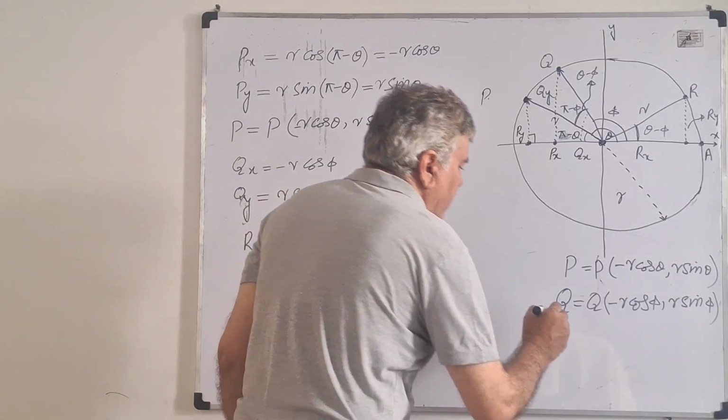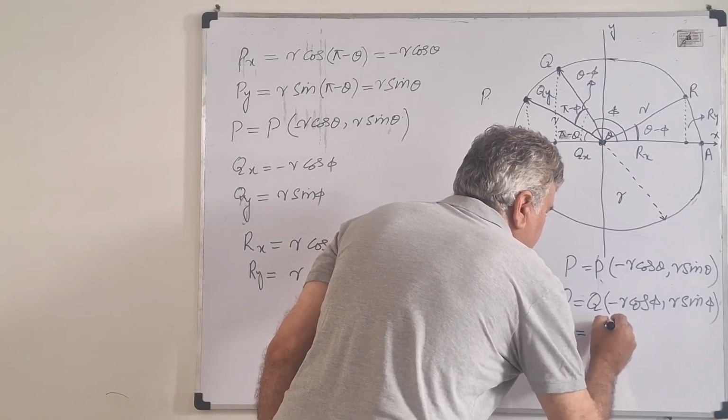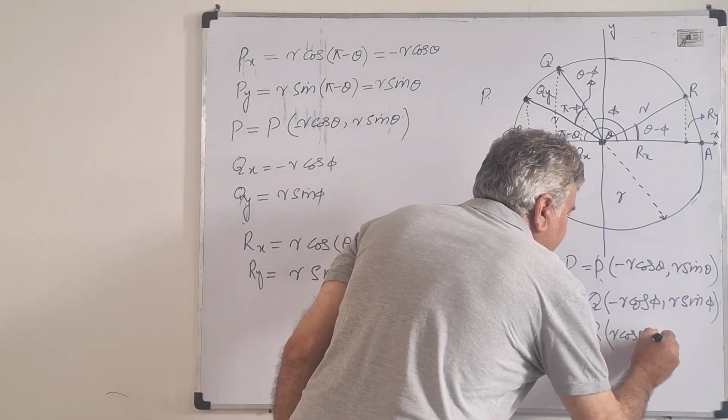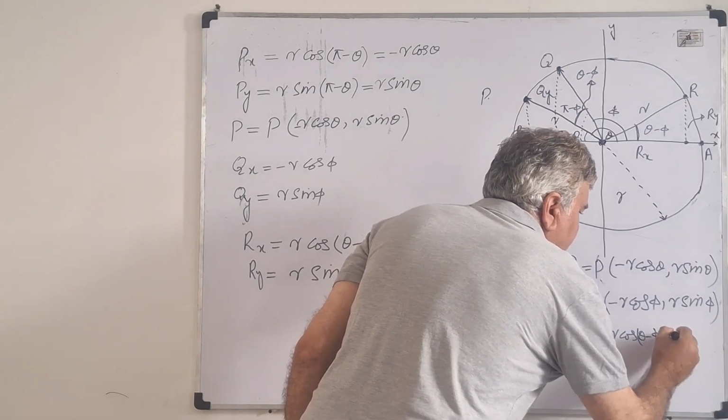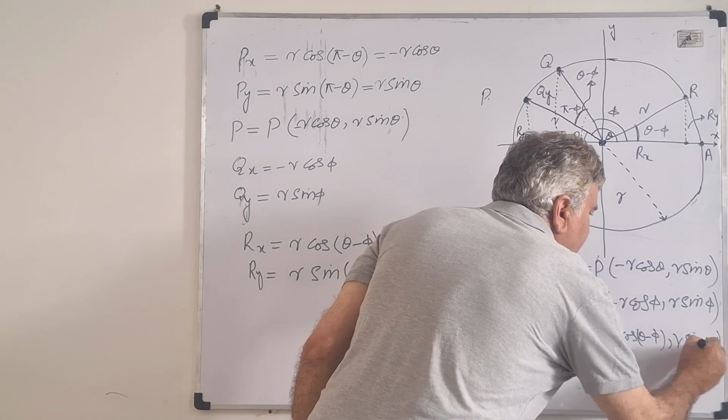So the coordinates of R are r cos(theta minus phi) and r sin(theta minus phi).